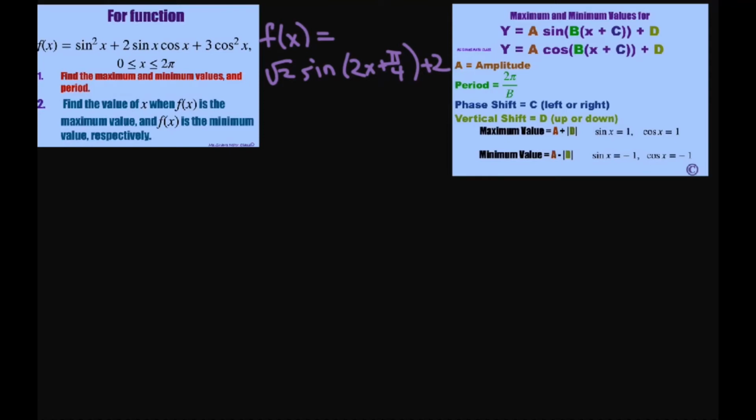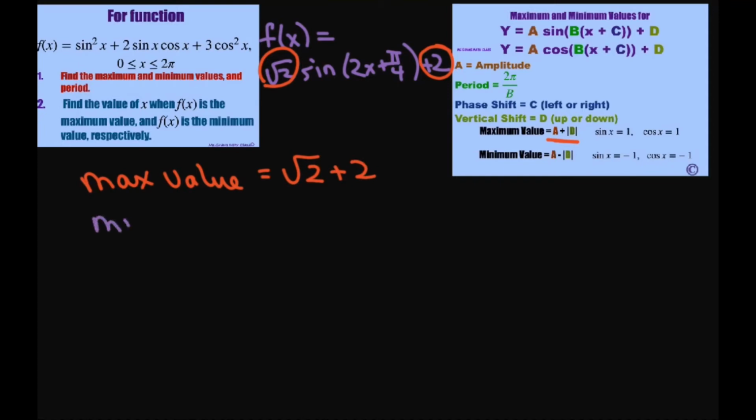And to get your maximum value, all you do is add your a plus your d. This is your a, this is your d. So this is going to be square root of 2 plus 2. Your minimum value is like this one, but basically you take your a and you negate it. So it's going to be equal to negative square root of 2 plus 2.